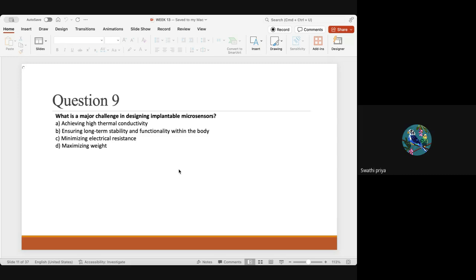So what is the option, B, ma'am? Yes, option B is the right option, ensuring long-term stability and functionality within the body.